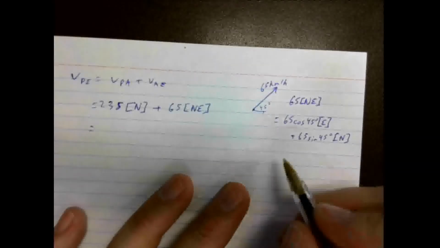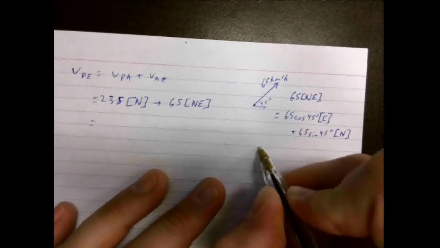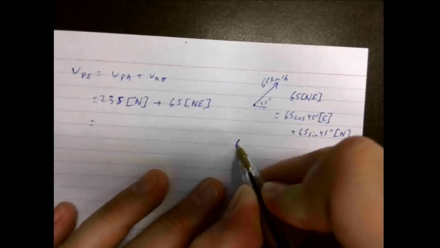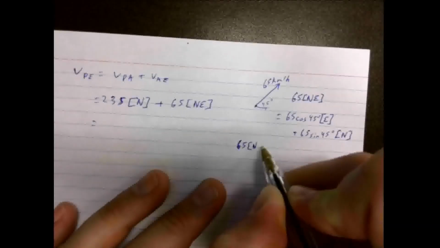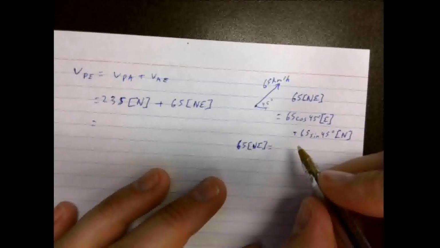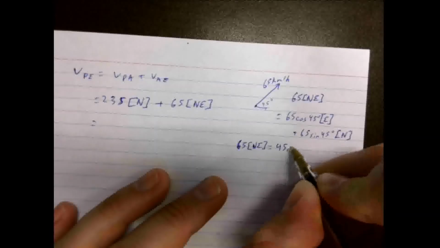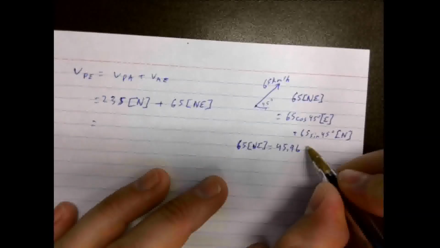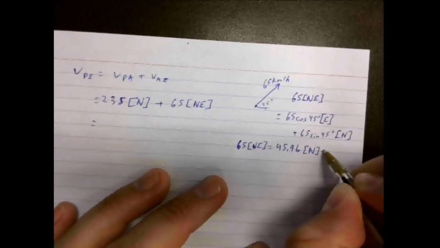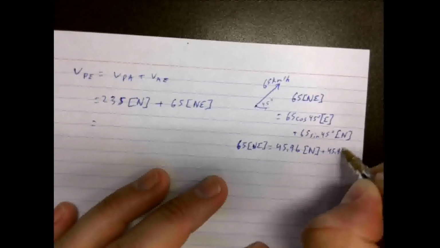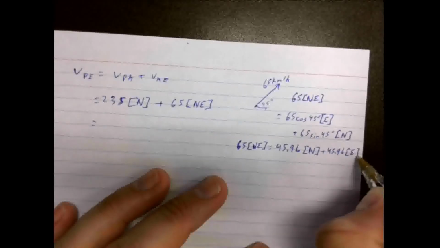In both of those cases, what I end up with is that my 65 northeast becomes, and I'll keep an extra decimal point here, 45.96 north plus 45.96 east.